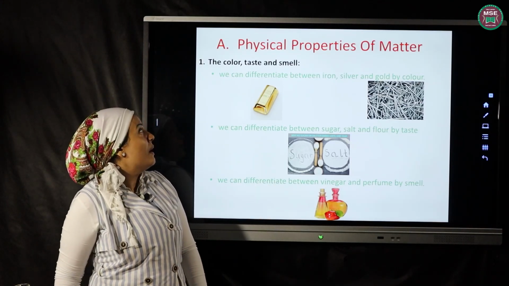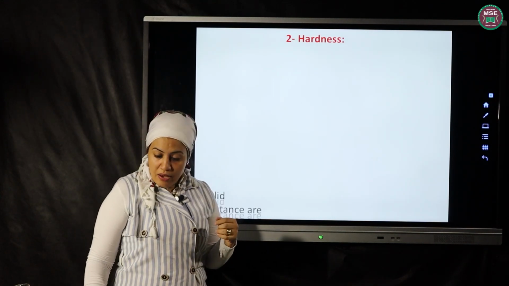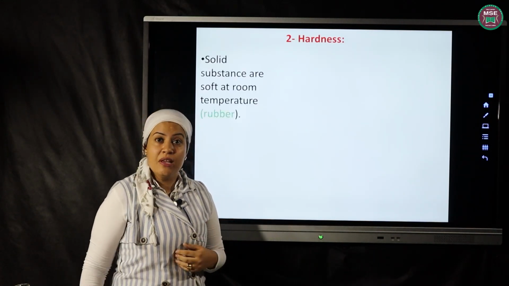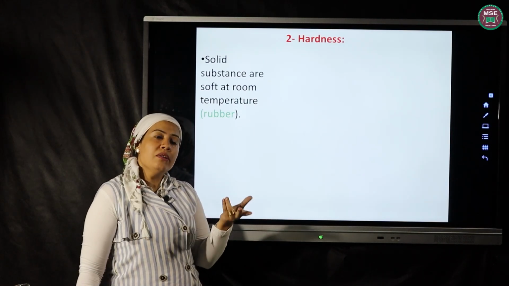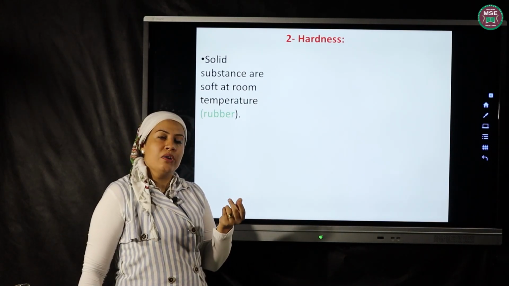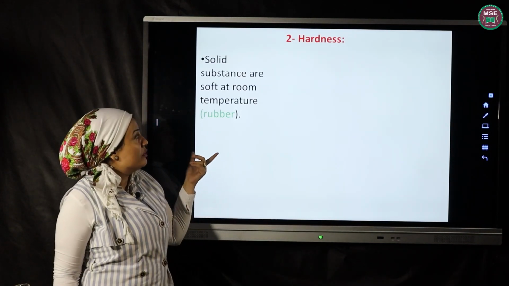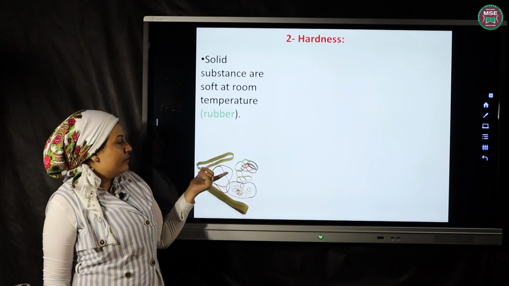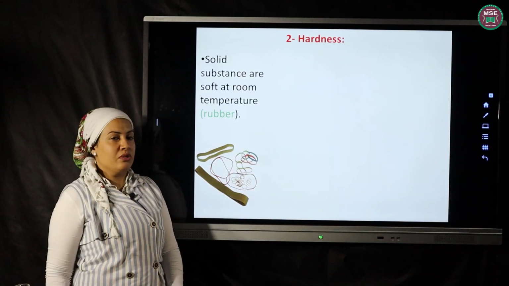Okay, let's talk about the second property, which is the hardness. If I have solid objects, I want to differentiate between them. There are solid objects that are soft at room temperature, like the rubber. They are solid, but soft at room temperature.